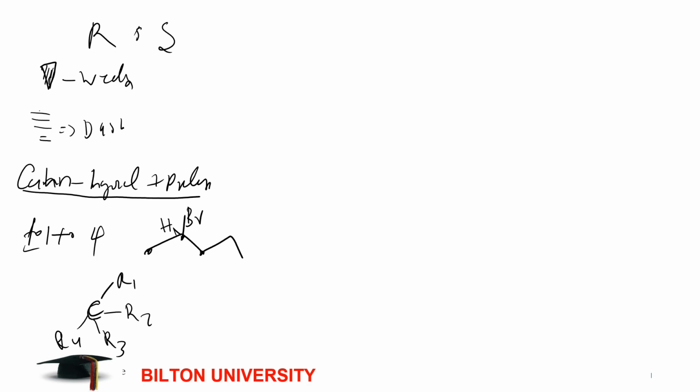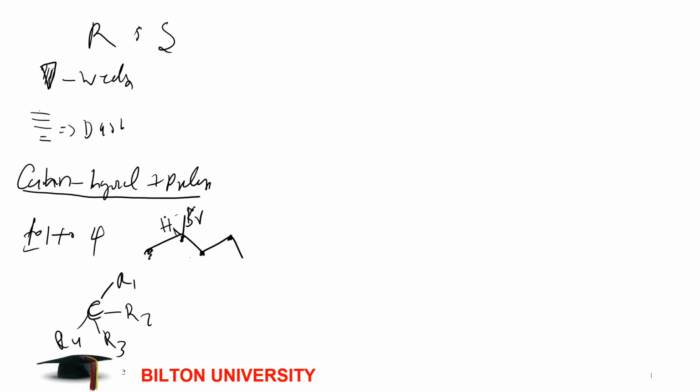In this case you have this carbon, and you have these atoms and this atom here. These are the atoms which are given first priority. I cannot go to this carbon here before I consider this carbon, because this carbon is not directly attached to the chiral carbon.